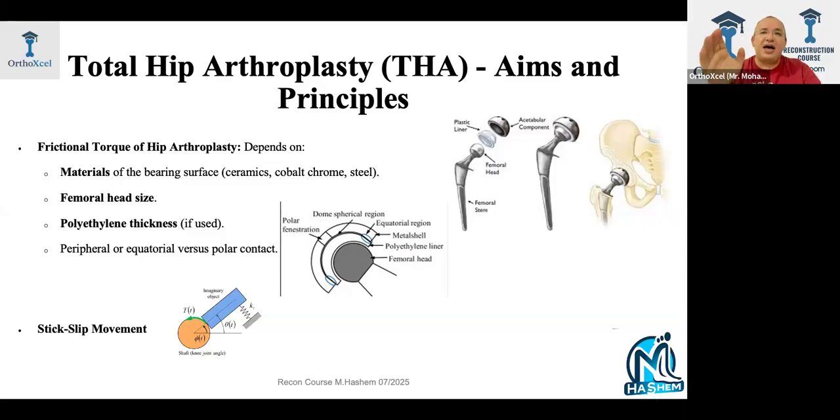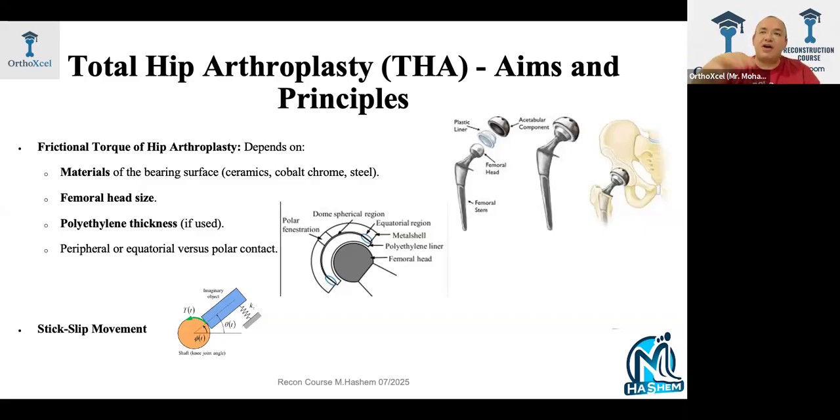What if I have an old patient with low activity? We agreed that I will be putting a small head, so a low friction tool. I will be putting a thicker liner, so if wear happens, it takes time before it's worn completely. And number three, my meticulous technique will again maintain inclination and version, but I will be more careful about increasing inclination.